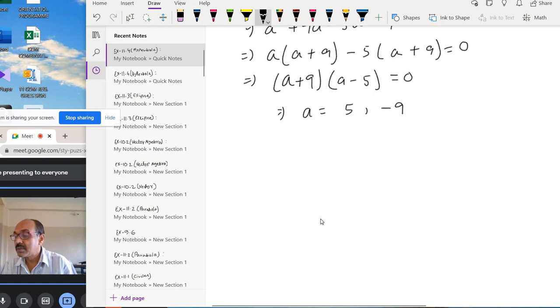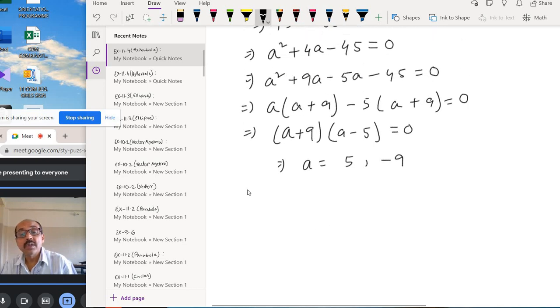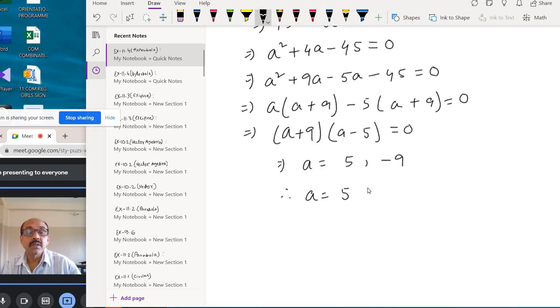Now minus 9, that is a length, is not possible, therefore a equal to 5. Length cannot be negative, so a equal to minus 9 is not possible, so a equal to 5.